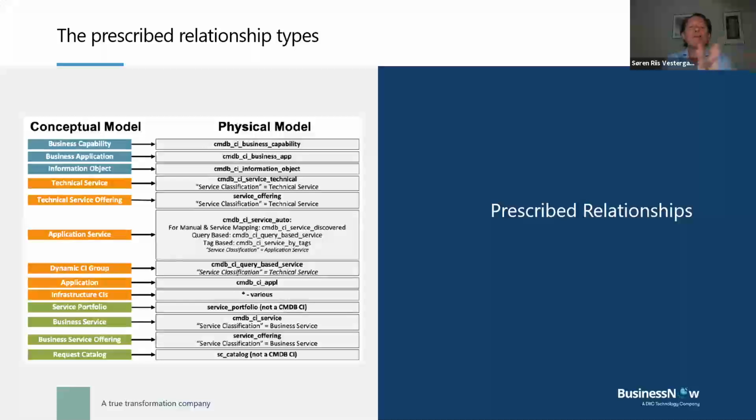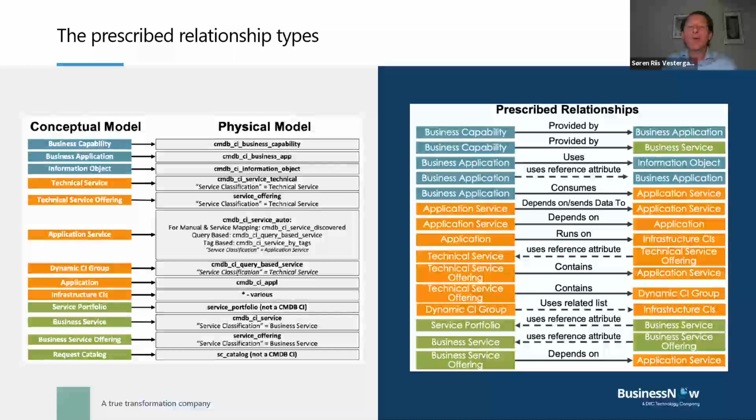They are all mapped to physical tables in ServiceNow, and they are all connected by relationships where each relationship type supports how the model can be used for making informed decisions. And I'm not going to dive into this in great depth, but this is the rule book that you should be following, or the prescribed model you should be following moving forward.